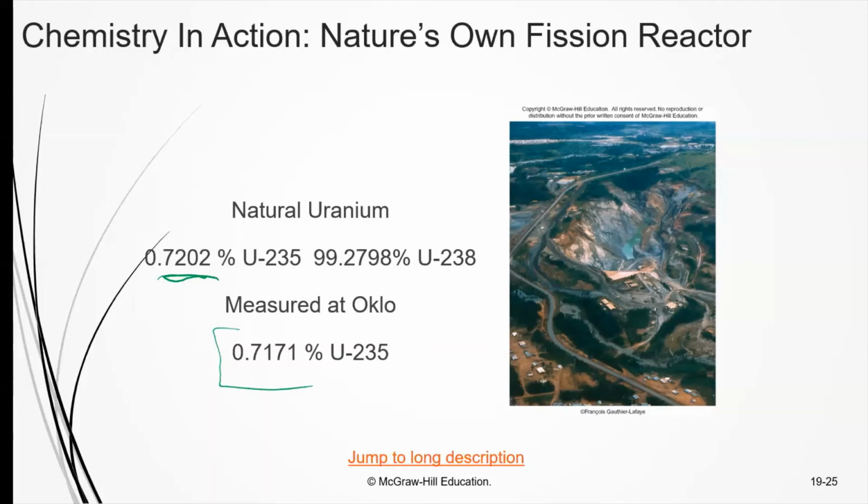Because the half-life for uranium is so long, that seemed unusual. When they mined uranium ore from this one place, it always had that ratio of a low U-235 to U-238 compared to everywhere else.